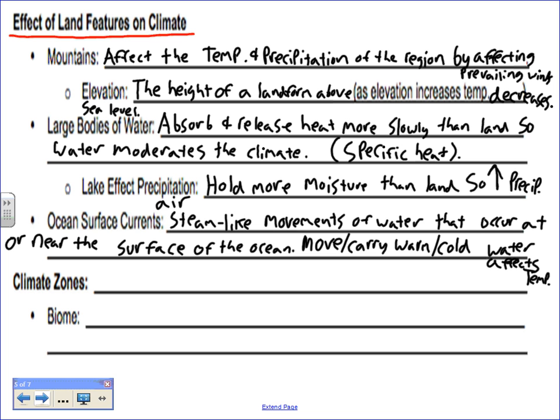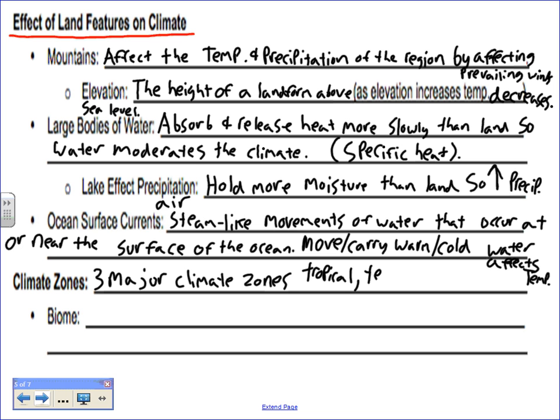All right. Now we're going to talk about climate zones. Okay, and Earth has three major climate zones. Tropical, which is by the equator.